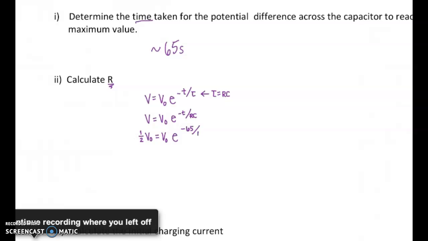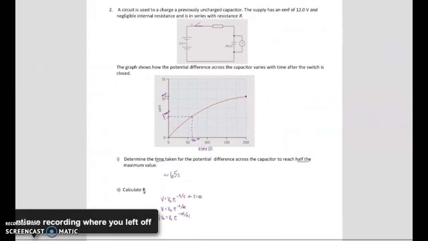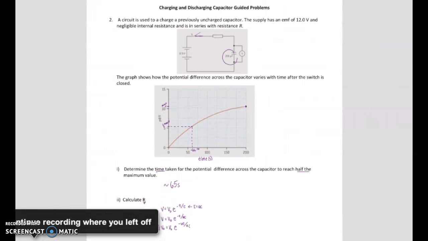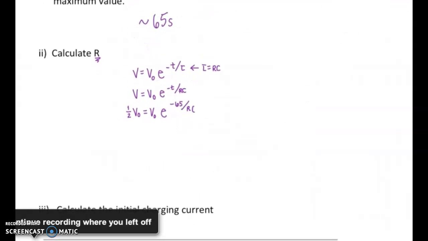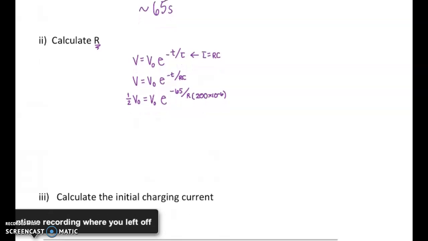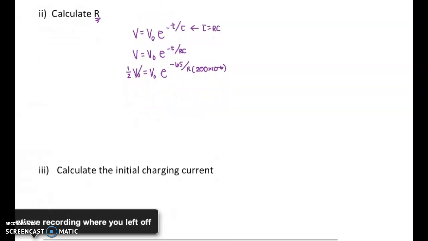And while I'm at it, I'll also plug in my capacitance, which in this problem is given as 200 microfarads. Now, this equation is solvable. I'm noticing that V0s will cancel on either side, which leaves me with an equation that is all numbers, but with just one unknown.